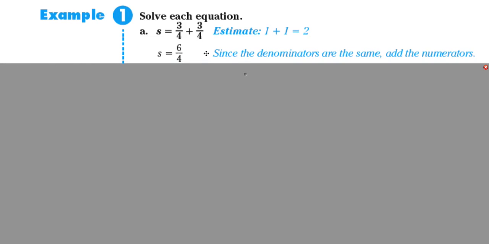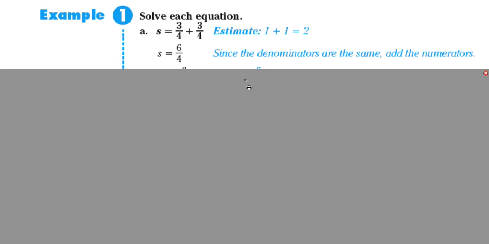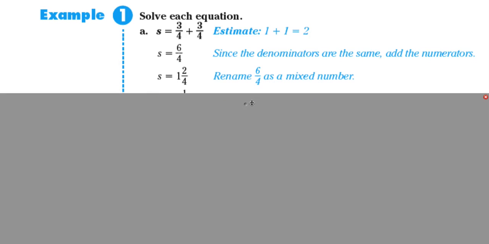Now, according to our rule, we simply add the numerators, 3 plus 3, and keep the denominator the same. You end up with 6/4. We want to simplify that further, writing it as a mixed number. That would be 1 and 2/4.